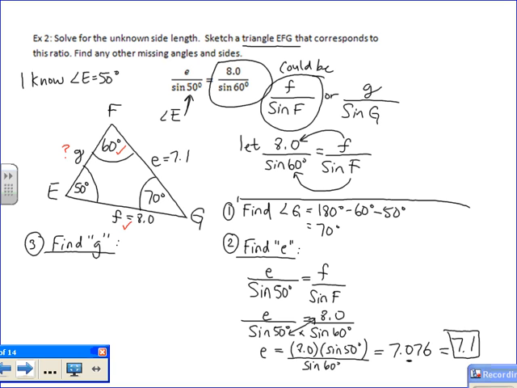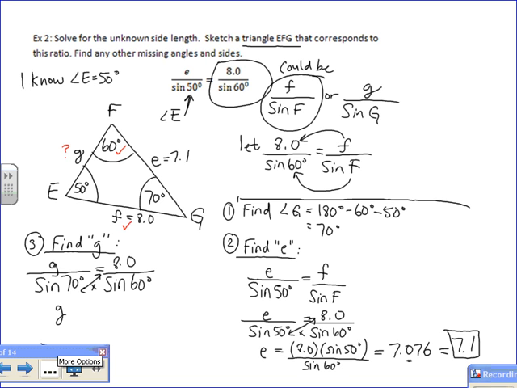So let's go ahead and set g over the sine of angle g, which is 70 degrees, equal to f over the sine of f, so 8.0 over the sine of 60 degrees. Okay, and again, I'm going to cross multiply that bottom number to get rid of the sine of 70 at the bottom.